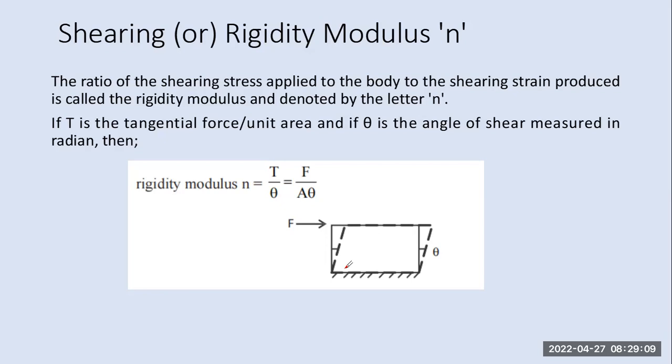If T is the tangential force per unit area, and theta is the angle of shear measured in radians, then our rigidity modulus is equal to tangential force, or T over theta, or force over area over our angle of shear.